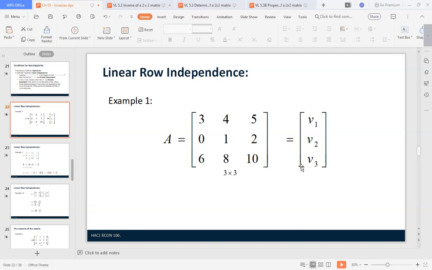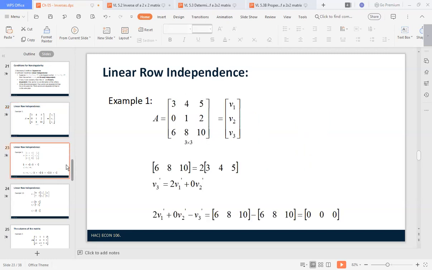We also have our row 3, or V3 prime, and that is 6, 8, 10. If you look closely, class, linear dependence tells us that there is one row that is a linear combination of the other two. To make the discussion short, let's look at row 3 and row 1.